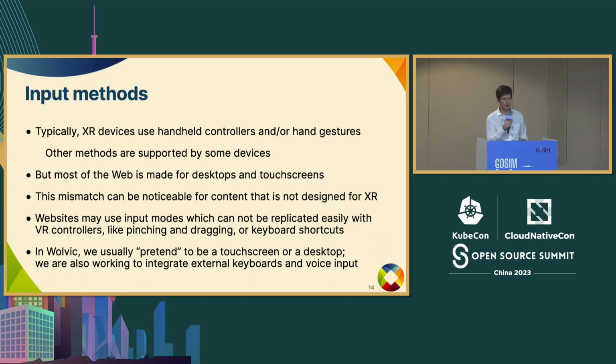This is a challenge because the websites may use input modes that cannot be easily replicated in extended reality. Like they can use multi-touch gestures, they can use keyboard shortcuts, and this can be a challenge. One of the ways to get around this is by extending the range of input methods that we support. So for example, in Wolvic, we are working to add support for external keyboards, voice input, and others.